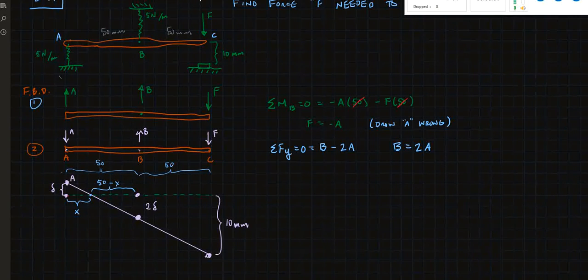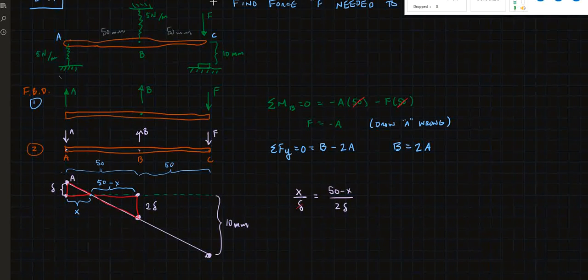We see that we have a little triangle here. And I have x and a delta. And then I have a little triangle here. And these are similar triangles. Therefore, we can create a ratio. If I'm looking for x, let's put that in the numerator. x over delta equals 50 minus x over 2 delta.